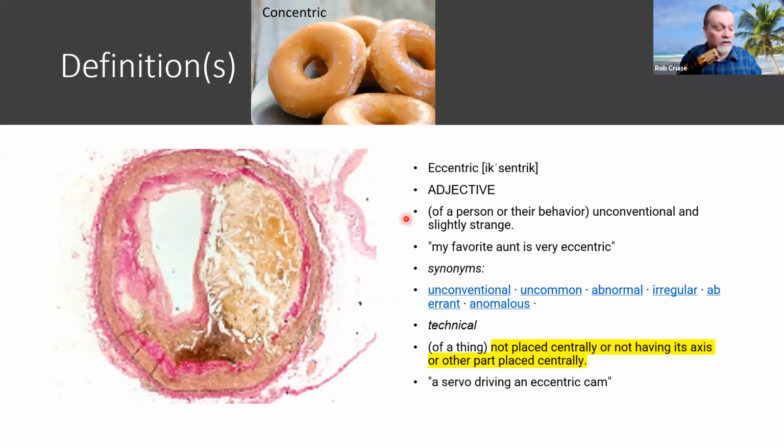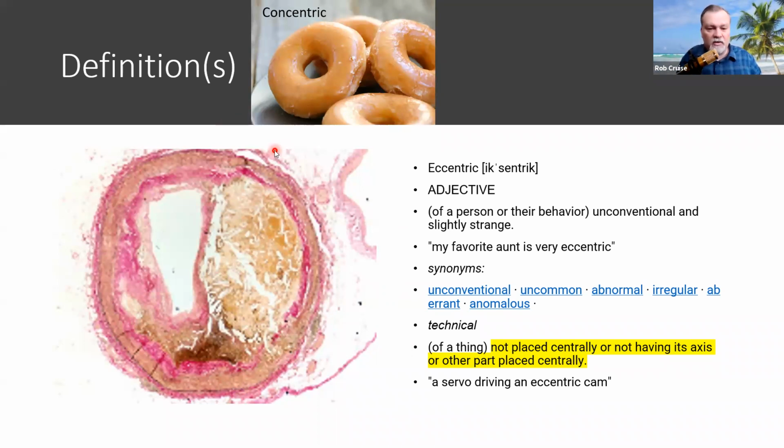So you can have an eccentric person, a room can be eclectically decorated, etc. For us in our medical field, we are using the technical version of eccentric. It's of a thing not placed centrally and not having its central axis or other part placed centrally.